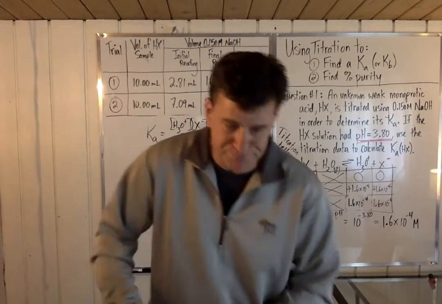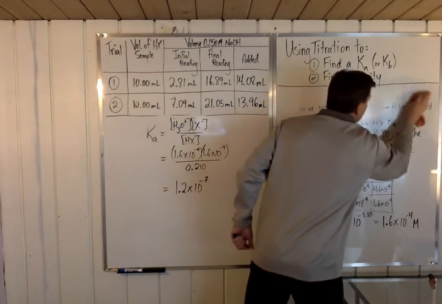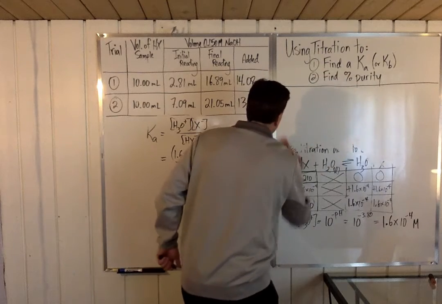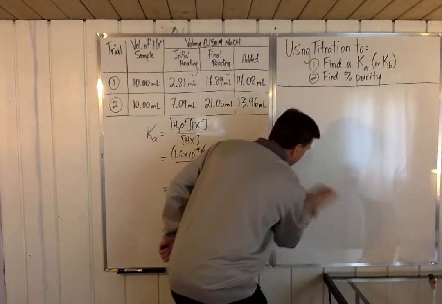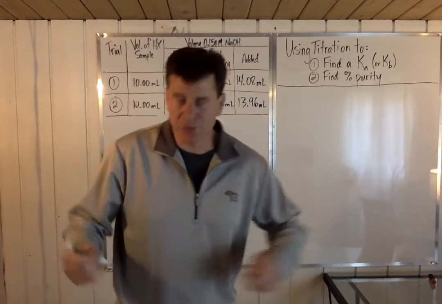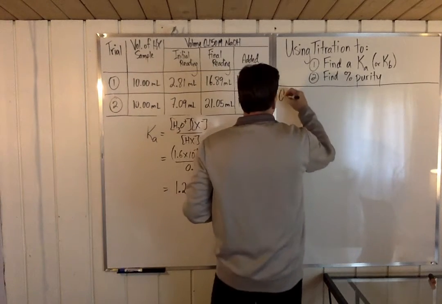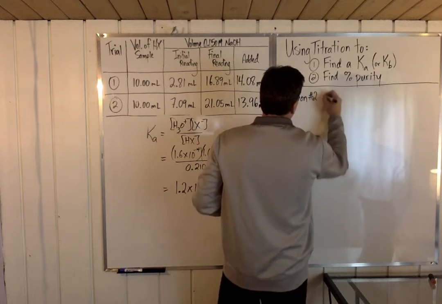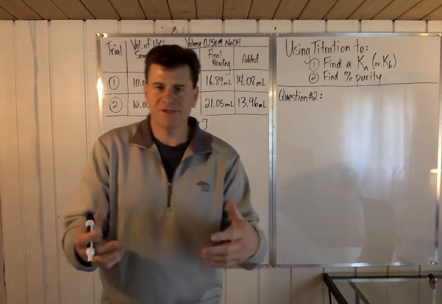Okay, question number 2. I've got to do a bit of erasing here. Okay, so question number 2. It's going to be a percent purity question. One of the assumptions is that you know what percent purity means.